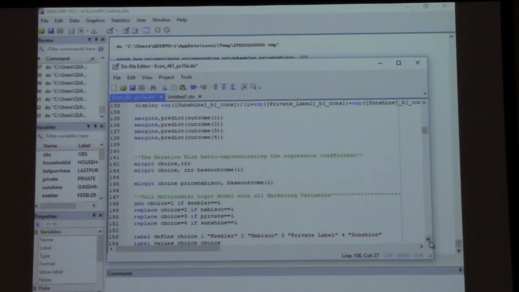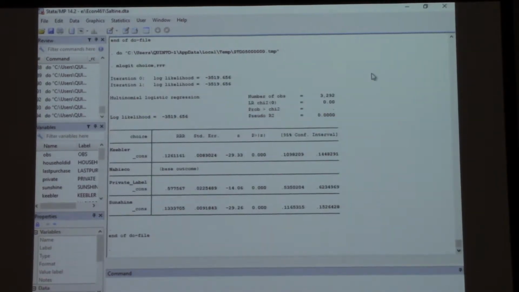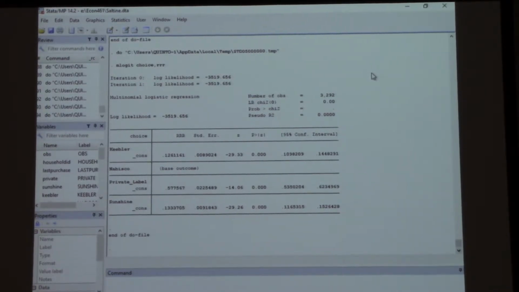These are the margins. The relative risk ratio is nice because it actually makes some sense.